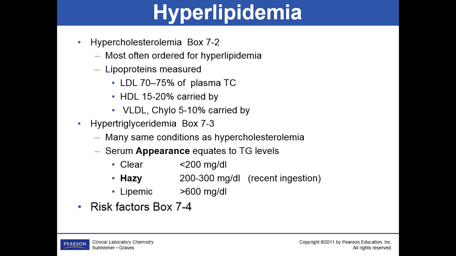Your total cholesterol minus, in parentheses, trigs. Okay, and make sure you do the math correctly. Trigs over 5 plus HDL is going to be taken away from total cholesterol.